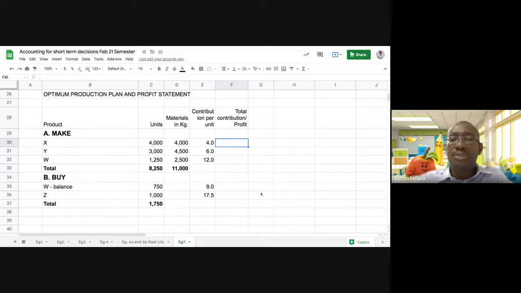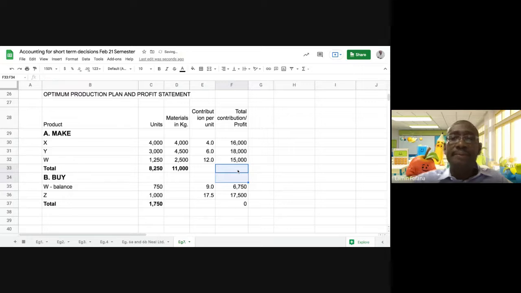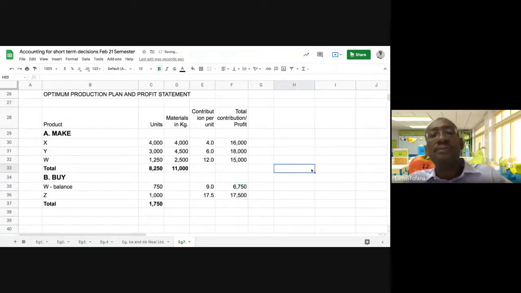Okay, so it's going to be equals the contribution per unit multiplied by the total units. So we duplicate everything. We don't want this to appear. Is that okay, everyone?